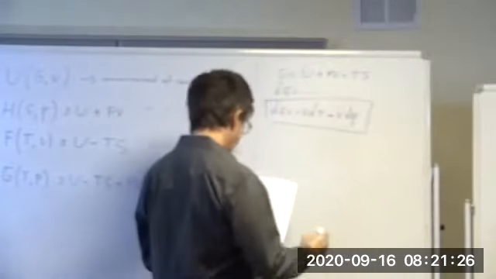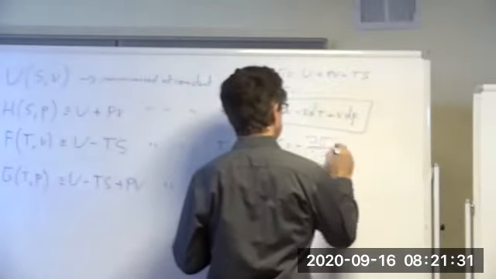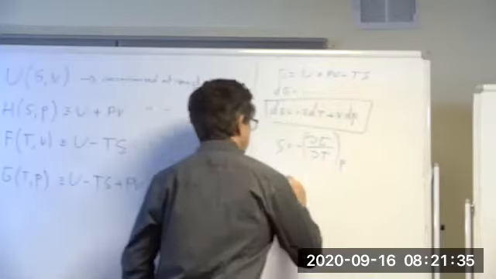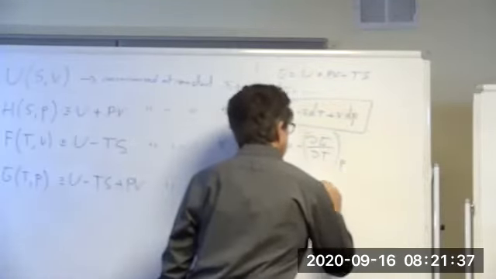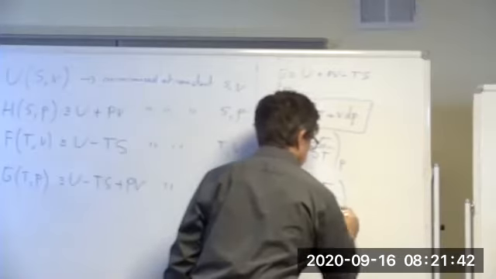Which means that the equations of state are that S is minus dG/dT at constant pressure, and volume is dG/dP at constant temperature.